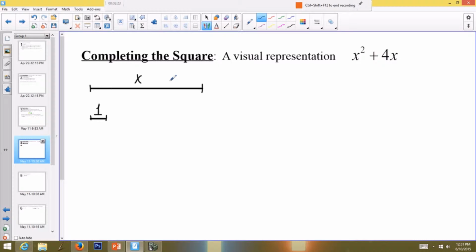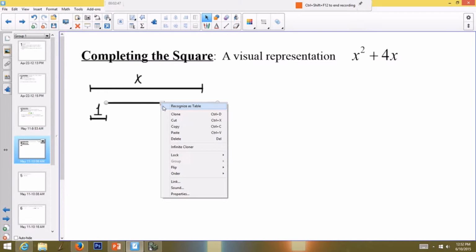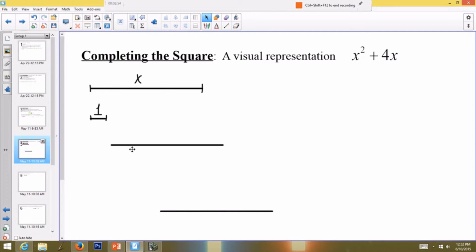If I think of this length here as the distance x, and I think of this distance as 1 unit, I'll copy this and clone it once more, and we will change this to a vertical line.